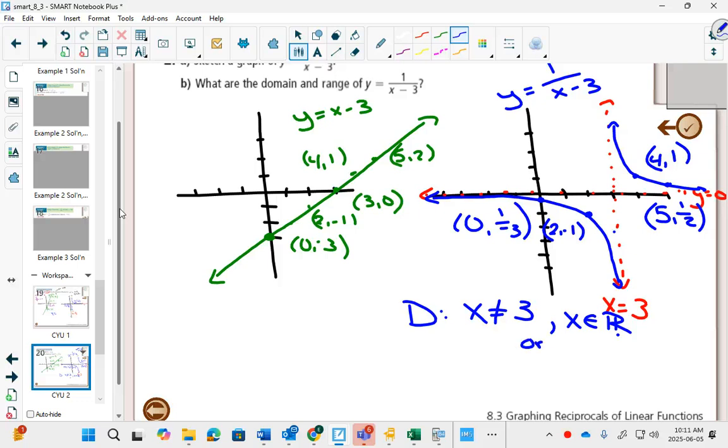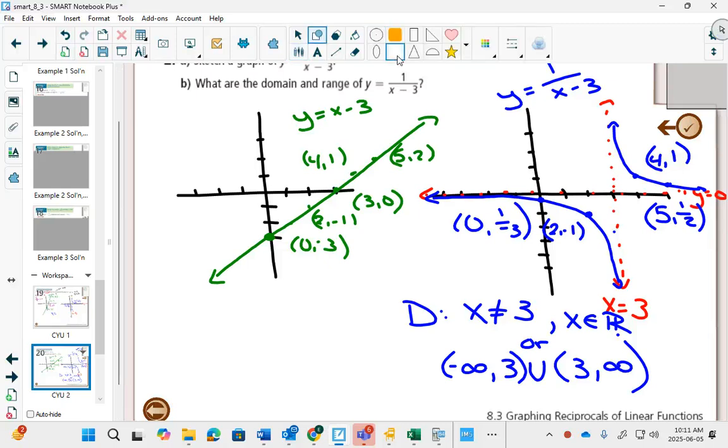Interval notation is trickier, because you would start at negative infinity for your x values and go up to 3, but you can't include it. So you put a round bracket. Then you start again on the other side of 3 and go on forever in that direction. And when we have two sections, we put a little U sign in between them. So that's interval notation.